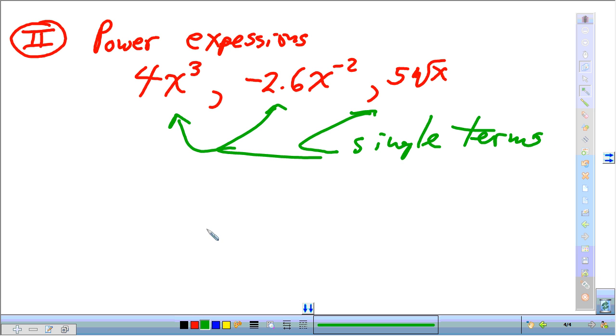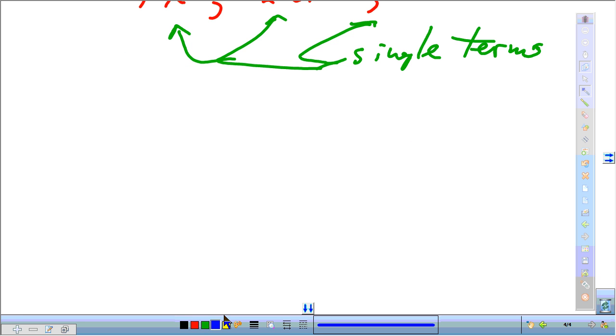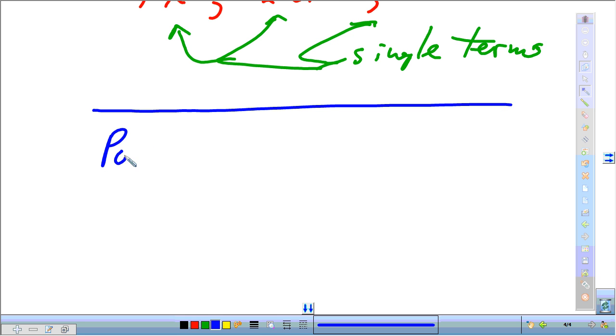So we might string them together to make an expression that's longer as a sum or difference. And so in those settings, we look at polynomials.